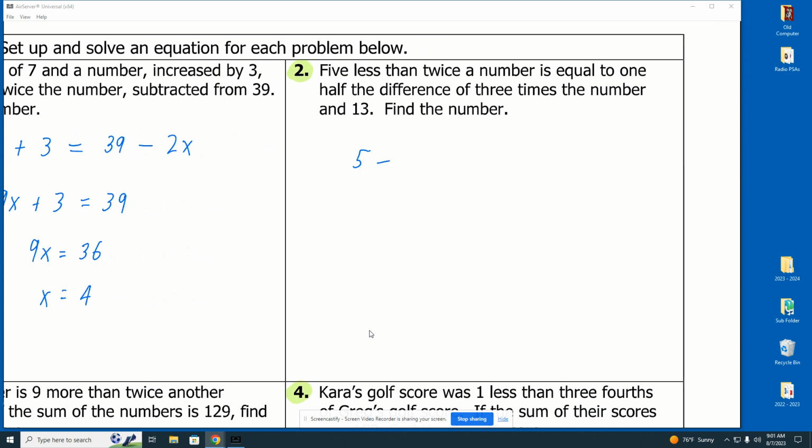Because think about this. Let's go with something that's just logical, like ages. Let's say you have a younger sibling, and your younger sibling is 3 less than your age. If you're 16, does that mean that your sibling is 3 minus 16? No. Your sibling's not negative 13 years old.